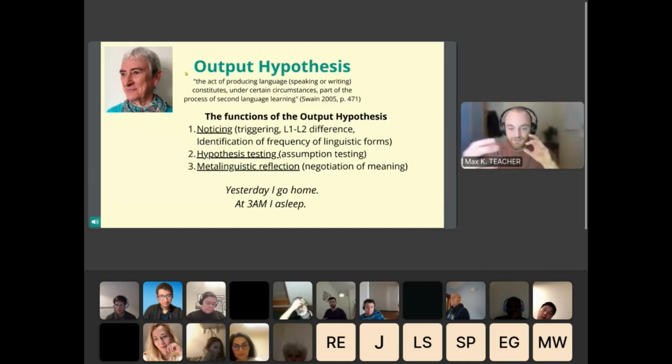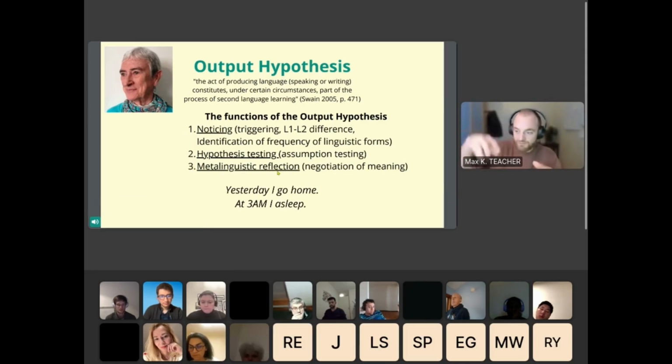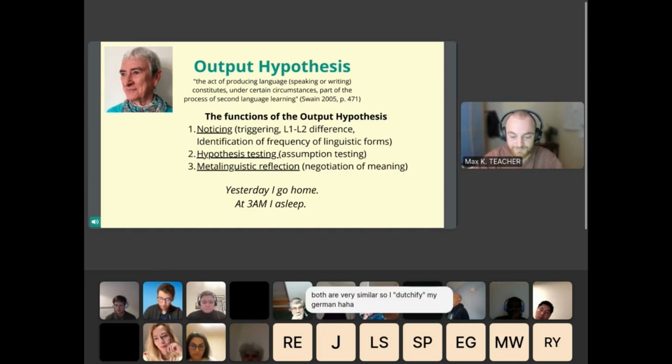And what just happened, when I told you about this dialogue, that's the third one. So metalinguistic reflection, or negotiation of meaning, is that you start reflecting on the words and on the structures you are using. And you don't need this reflection when you're reading and listening, but you do need it when you're speaking, right?